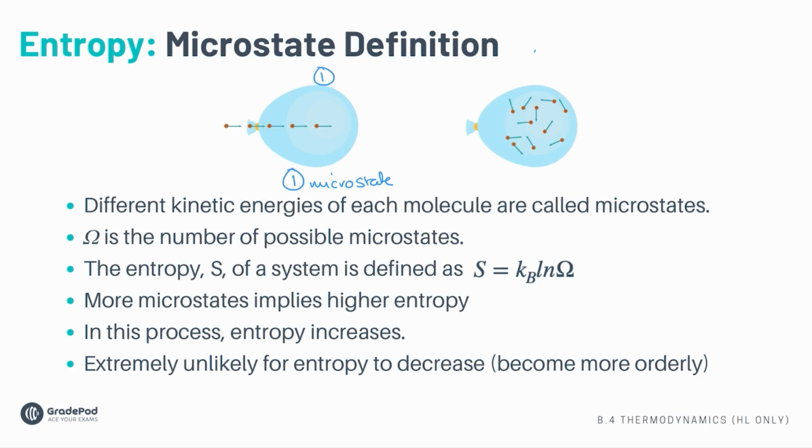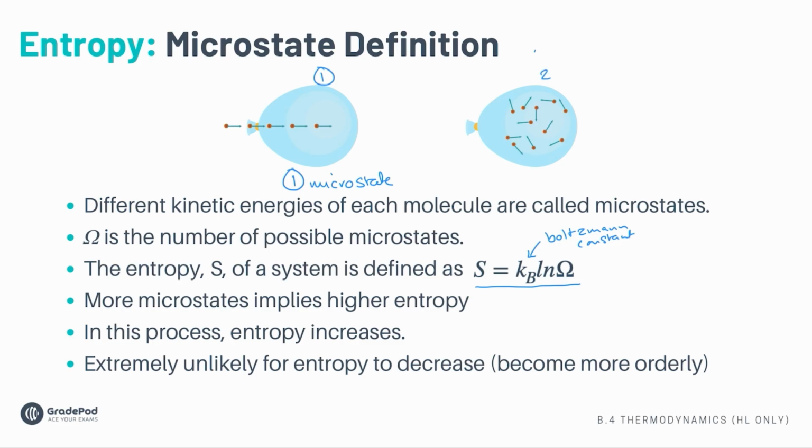Omega is the number of possible microstates, and the entropy of a system is defined as S equals Kb, which is the Boltzmann constant, times the natural log of this omega. And again, remember, omega is the number of possible microstates.